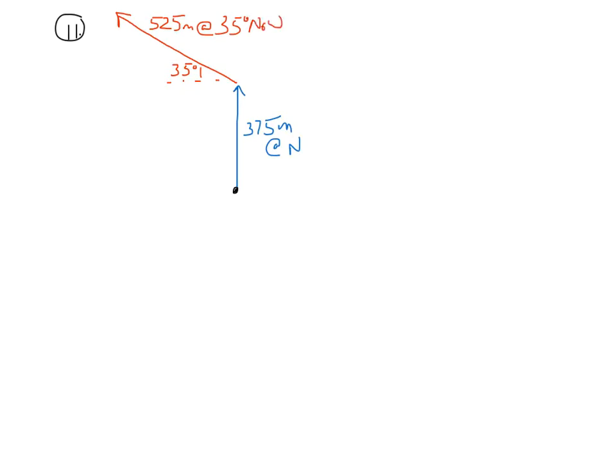The whole trip takes 150 seconds, so that is our time, t equals 150 seconds. I thought about making it 2.5 minutes, but I made it seconds so you didn't have to convert. Your displacement for your walk is what part A is asking for.